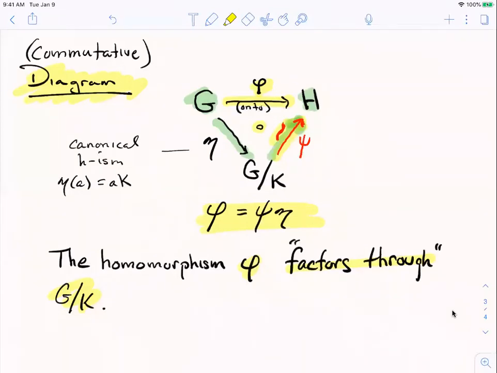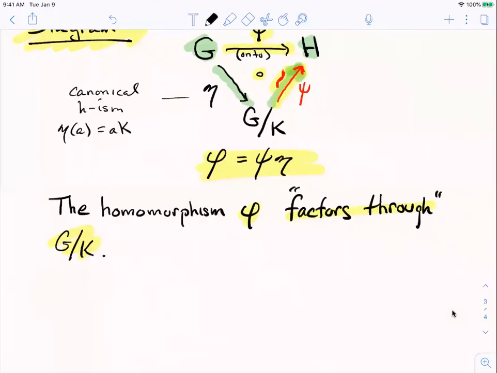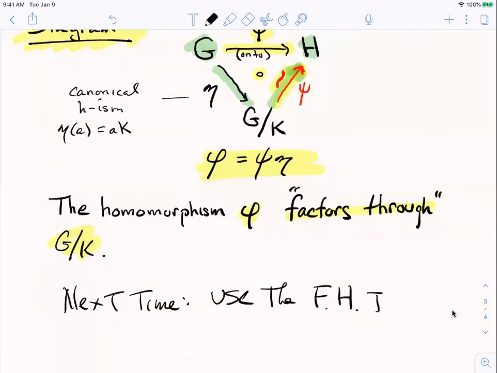All right. I'm going to stop this video here, trying to keep these things short and focused, but just to tell you what's going to go on next time. What is going to happen next time? I'd like to use the first homomorphism theorem to classify factor groups. So what do I mean by that?